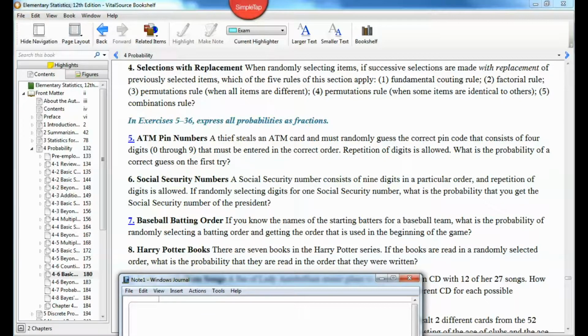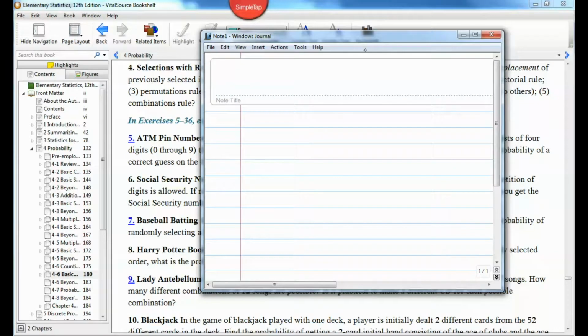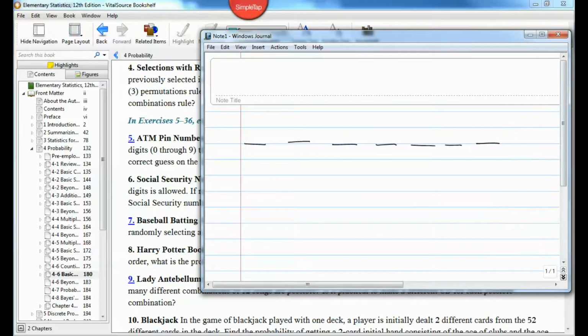So if we have 7 books, then when we select the first book, we have how many choices? 7 different choices. When we select the second book, we've already selected the first one, so that takes one away from the total. So then we'll have 6 choices, 5 choices, 4 choices, so on and so forth.